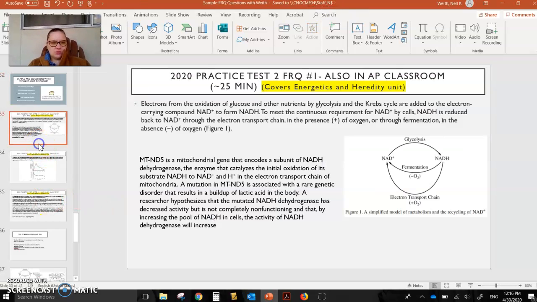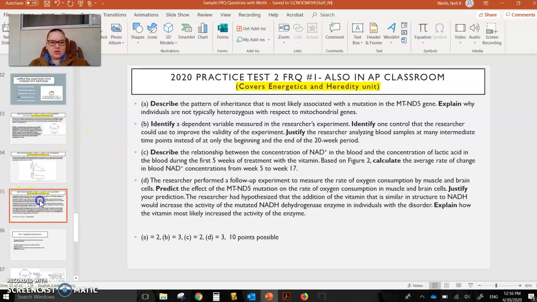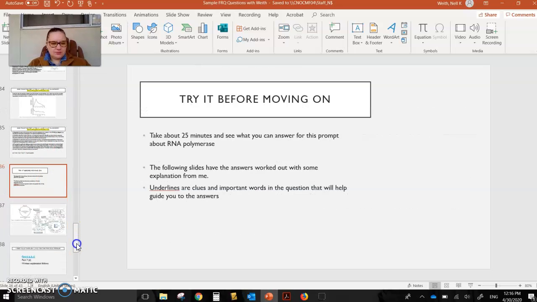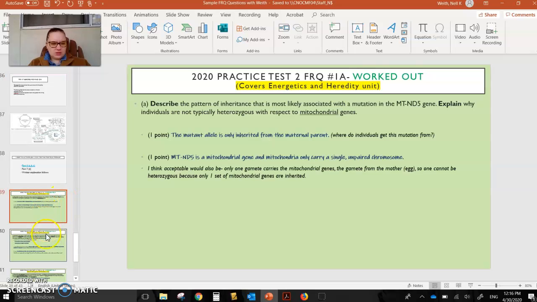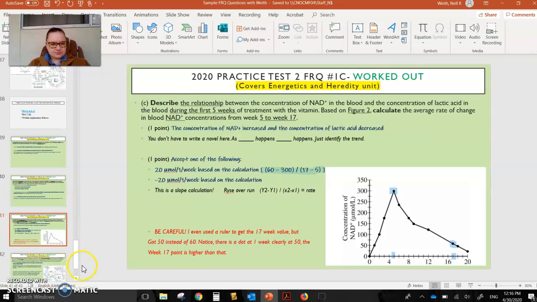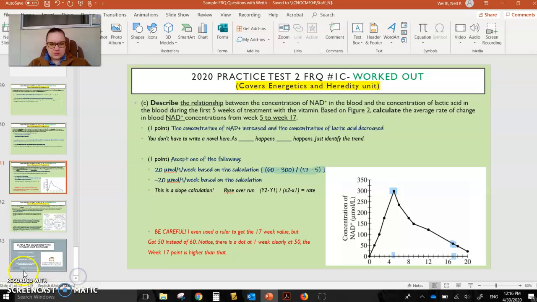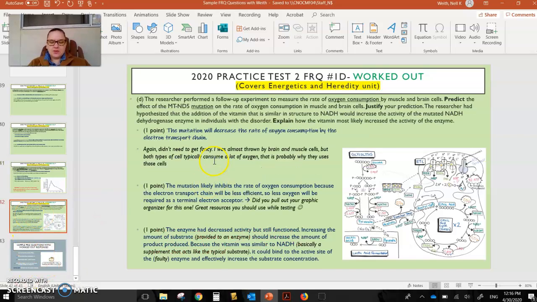This is the one about cellular respiration and the electron carriers, NADH changing to NAD+, and people who have a mitochondrial disorder or gene mutation that is not allowing them to do that. So all the way down here in D, left off on C, cool, D.